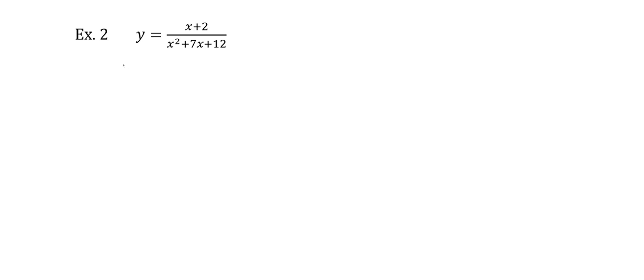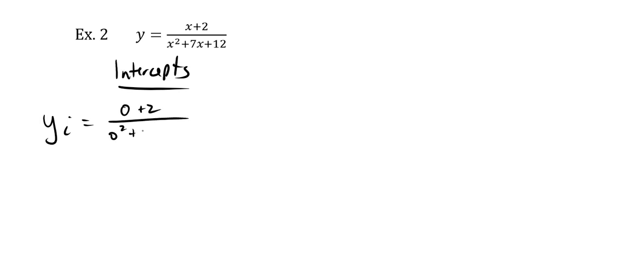Okay, so what do we start with? Intercepts. Y-intercept. Plug 0 in, so 0 plus 2 over 0 squared plus 7 times 0 plus 12 is 2/12, which is 1/6, which is about 1.167, not that that matters, or 1.17.